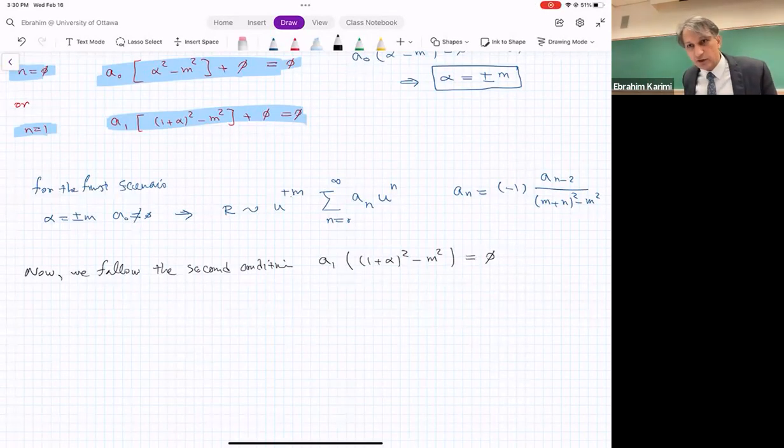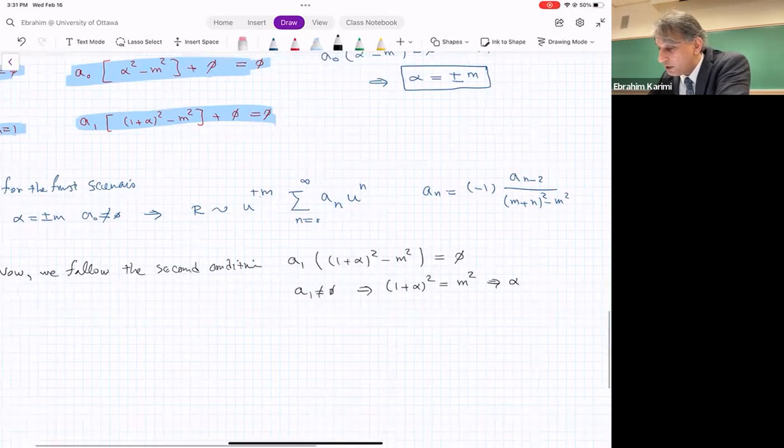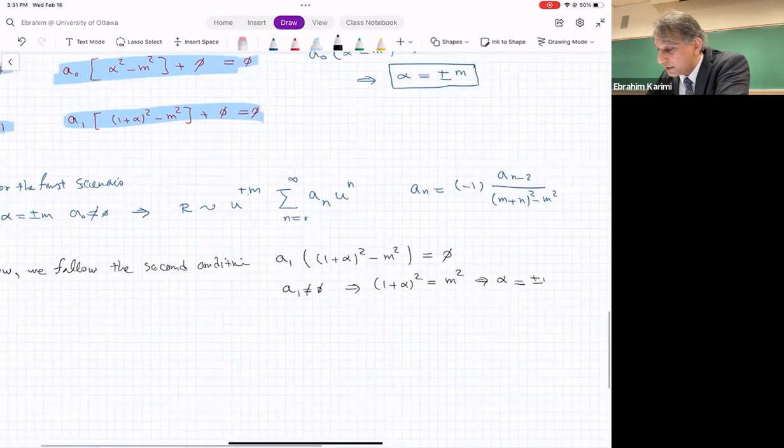Because if A1 is equal to 0, then any odd power is 0, and any even power you previously considered to be 0. Then it doesn't work. Okay? The solution will be trivial, which is R equal to 0, essentially. Then we are not looking for that solution. So from here, we assume that A1 is not equal to 0. Therefore, 1 plus alpha to the power of 2 should be equal to m squared. Then from here, alpha will be equal to plus minus m minus 1.